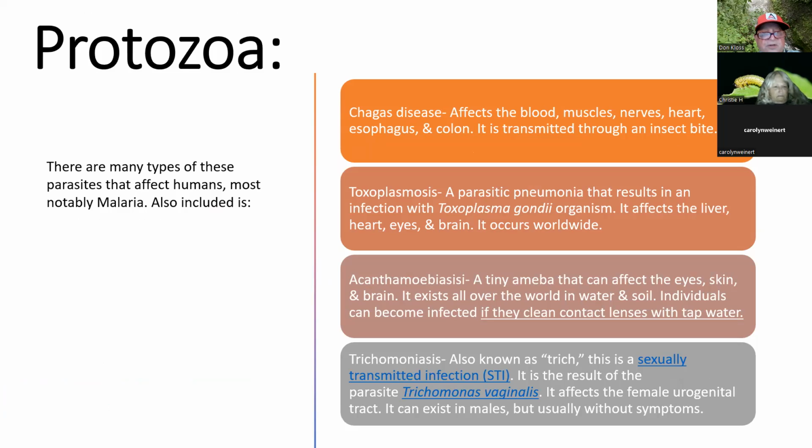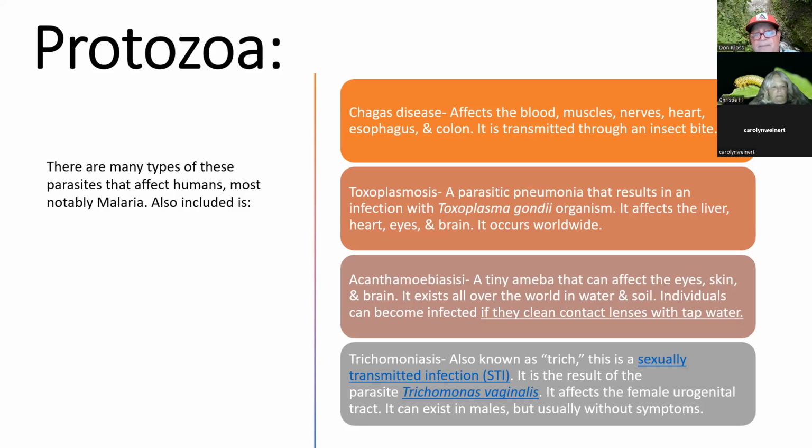there are many types of parasites that affect humans. Most notably is malaria. Also, as we will see, things like chiggers and scabies.